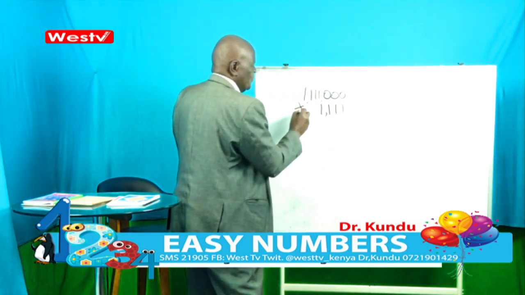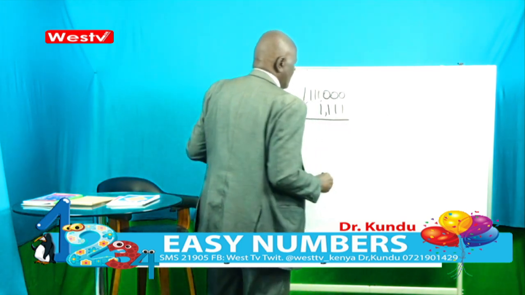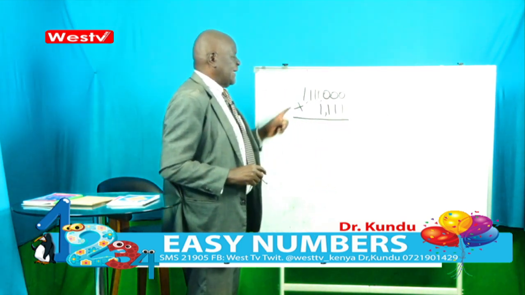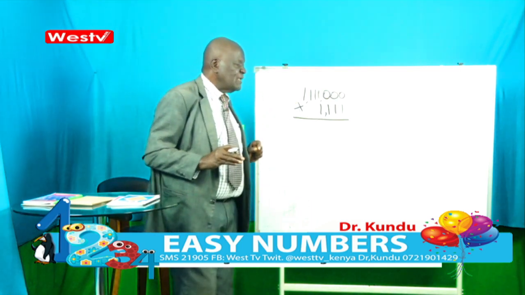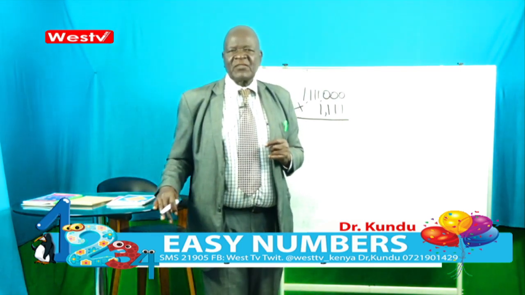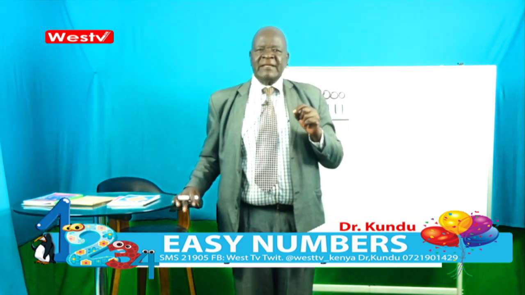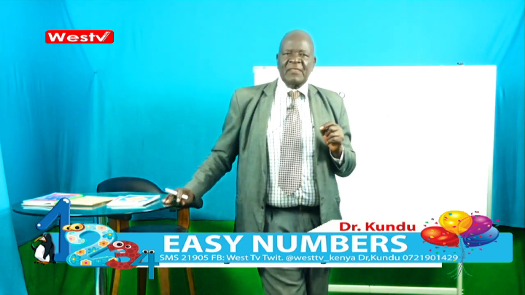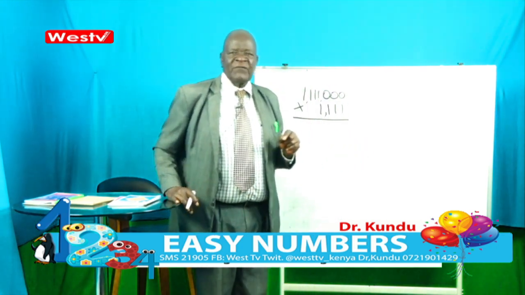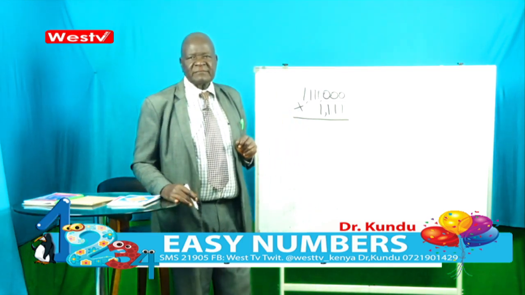And then you are told the computation sign will be multiplication. A car is going for 1,111,000. A car dealer sold in 1 year 1,111 cars. How much money did he realize from the sale of the cars?